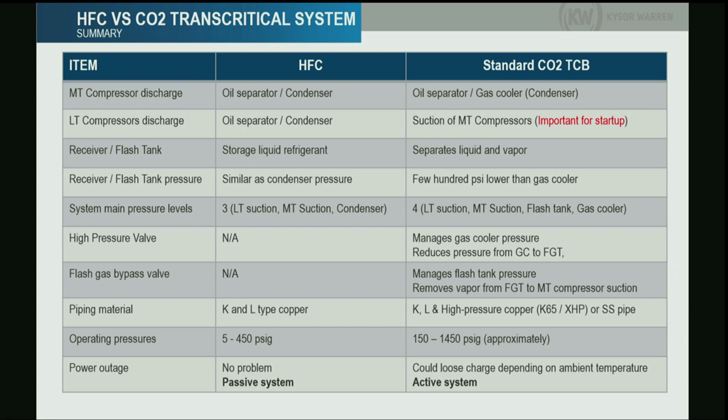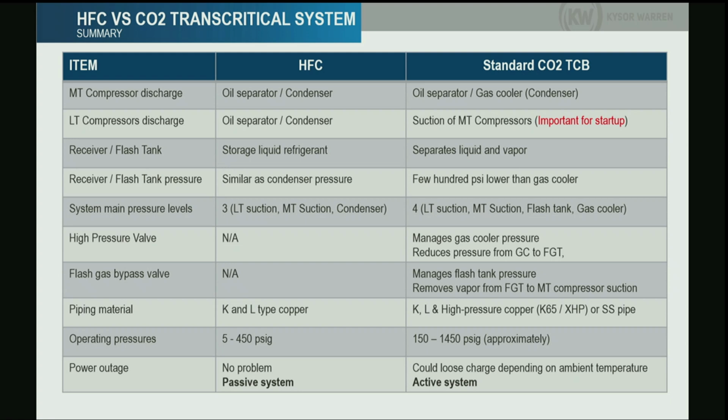Materials: for HFCs, you use K-type copper. That's common. On CO2, we use those. In addition to that, we use a high-pressure copper, which is called K65 or XHP, or some people are using steel piping as well.